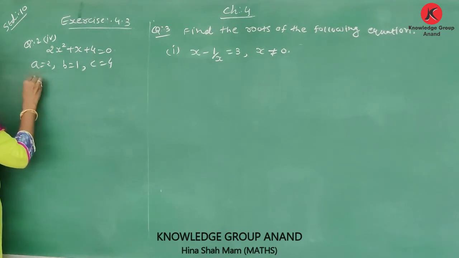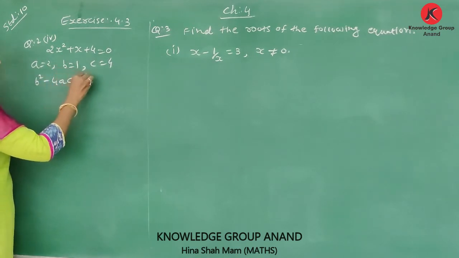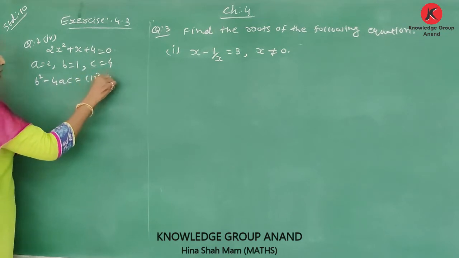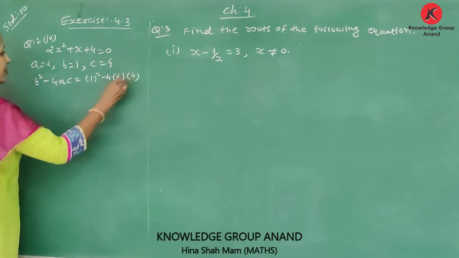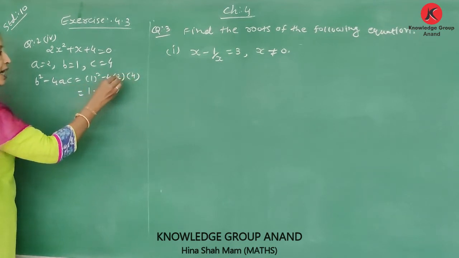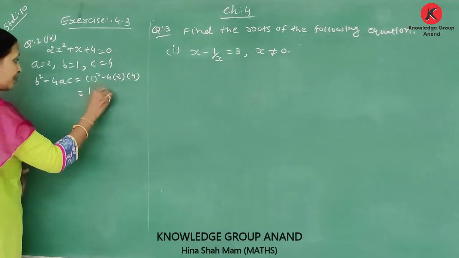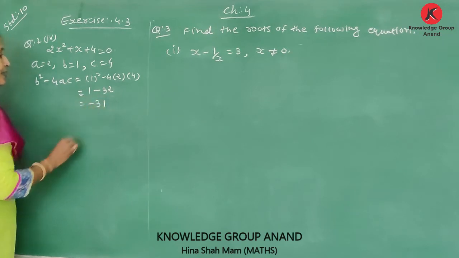Now find b square minus 4ac. b square is 1 square, minus 4, a is 2, c is 4. 1 square is 1, minus 4 4s are 16, 16 2s are 32. 1 minus 32 is equal to minus 31.